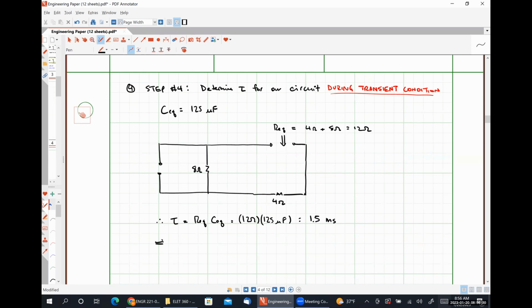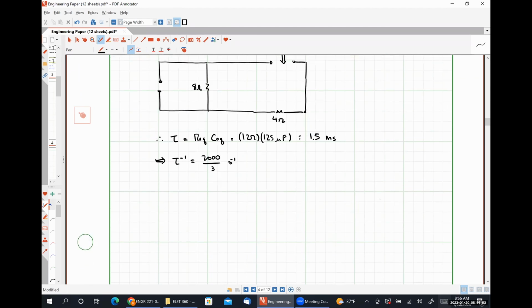And you'll see why I'm doing this in a moment. The inverse of tau is 2000 over 3 per second. Okay.